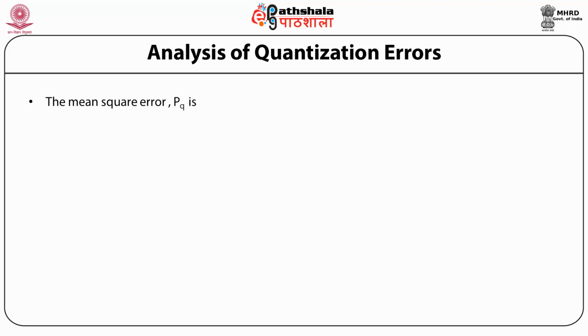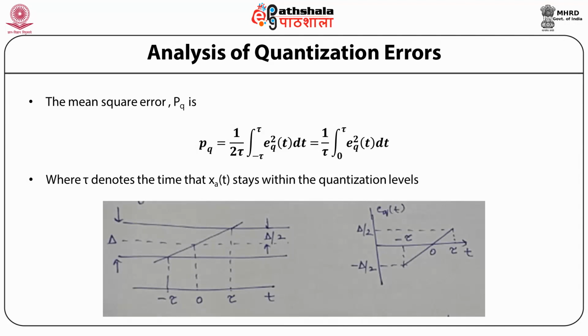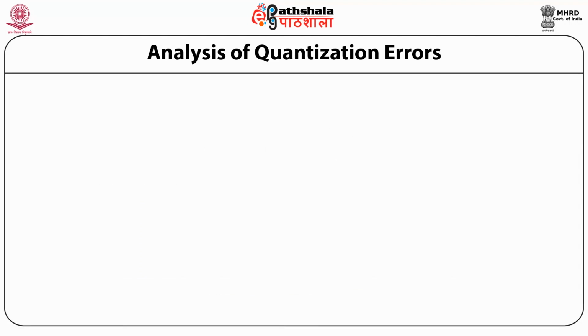The mean square error Pq is Pq equal to 1 by 2 tau multiplied by the integral from minus tau to plus tau of eq square(t) dt, equal to 1 by tau times the integral from 0 to tau of eq square dt, where tau denotes the time that x(t) stays within the quantization levels. This figure shows the delta and the variation of eq(t) with t.